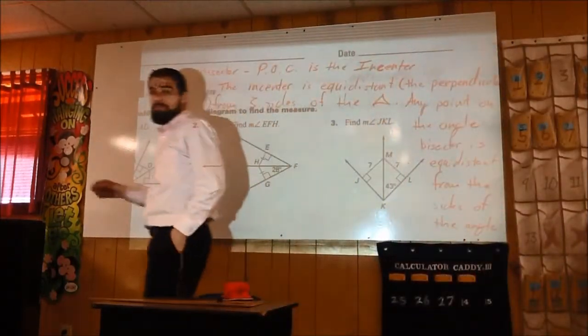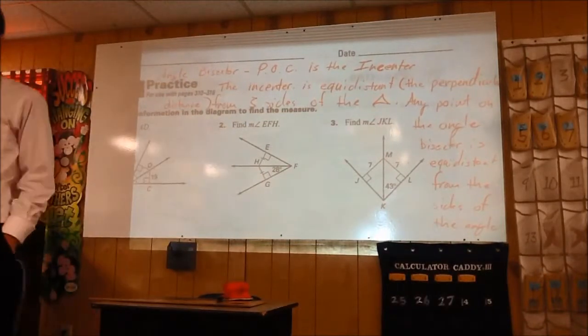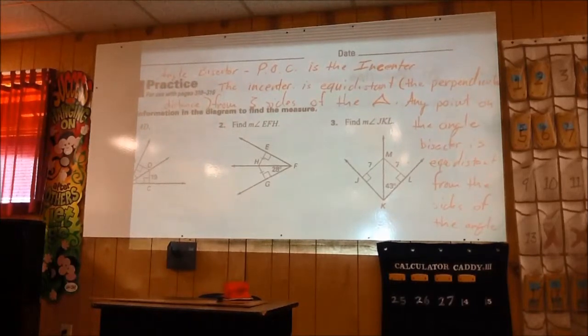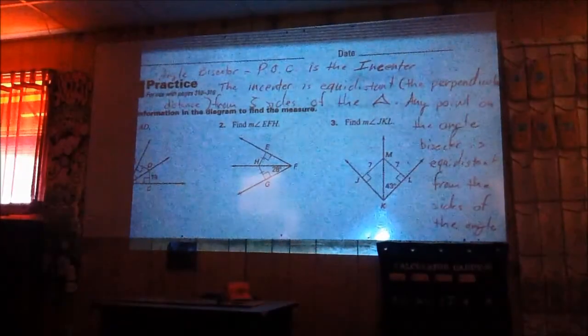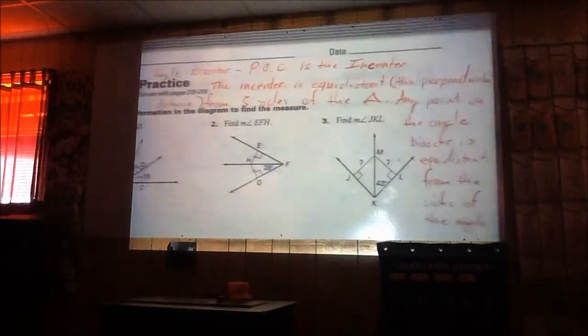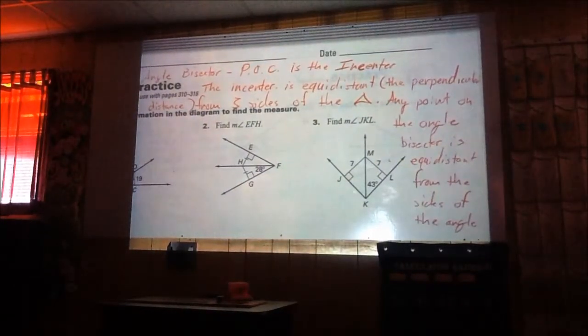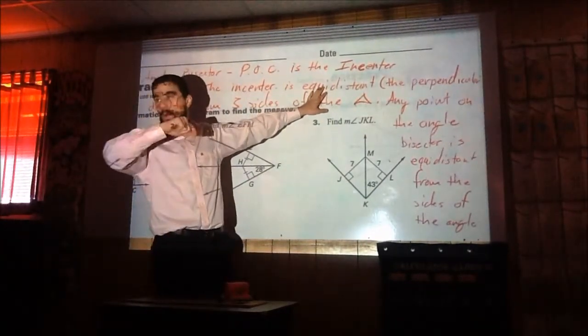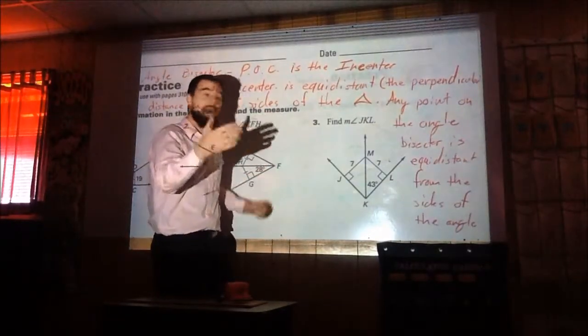Well, the incenter is equidistant, and then I put an open set of parentheses. In that set of parentheses, when I say equidistant, we're talking about the distance from a point to a line or to a segment.